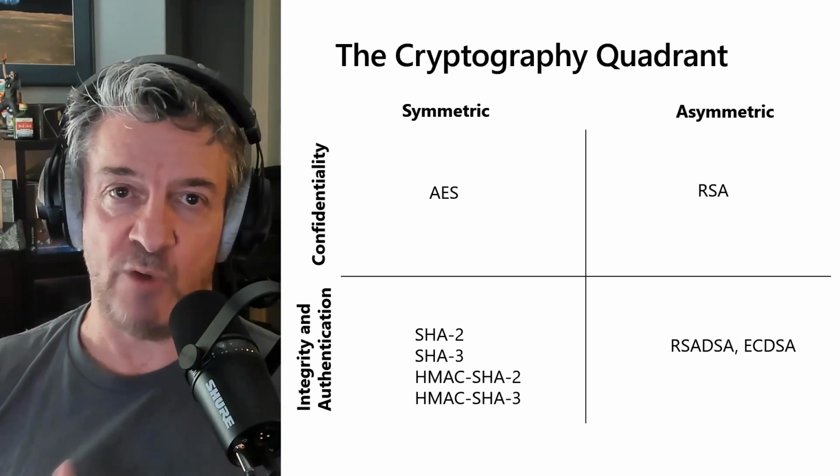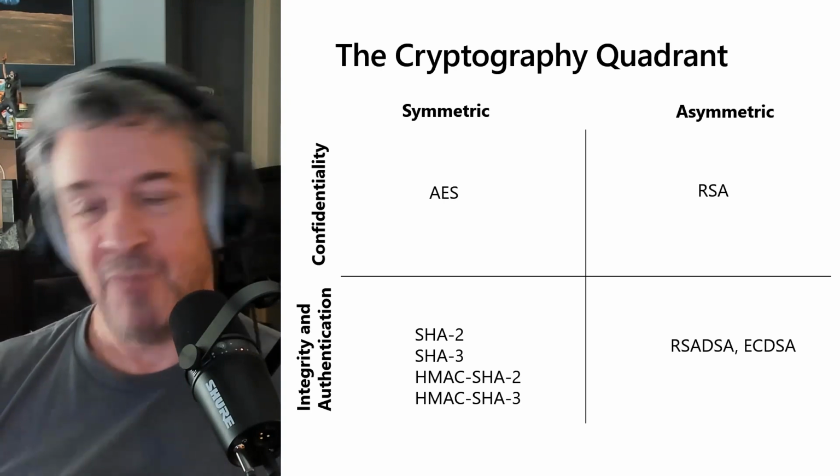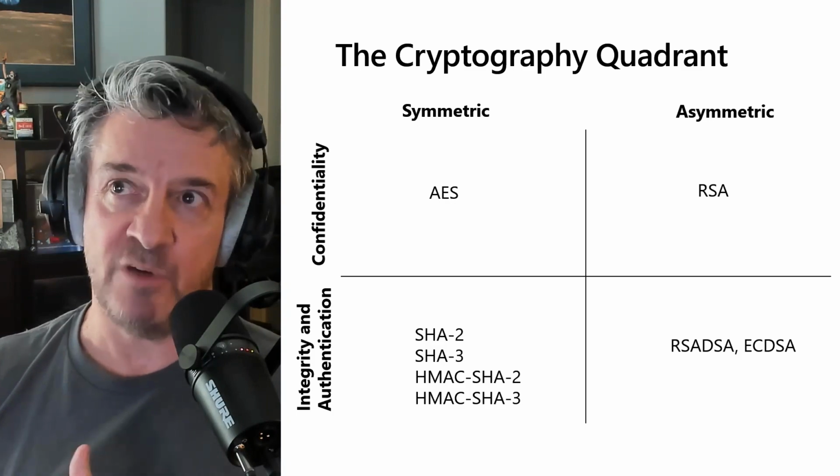That stands for hashed message authentication code. Best way of thinking of it is like a hash function, but with a secret as well. And then the asymmetric ways of doing confidentiality is primarily RSA, which is a very, very well-known public key cipher. And then for integrity and for authentication, you have the digital signature versions of RSA and elliptic curves.